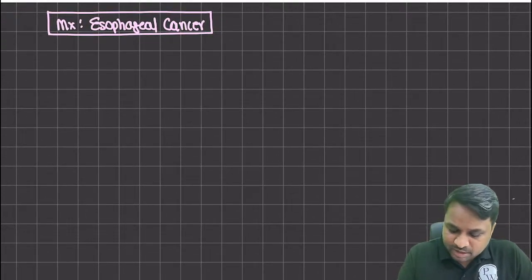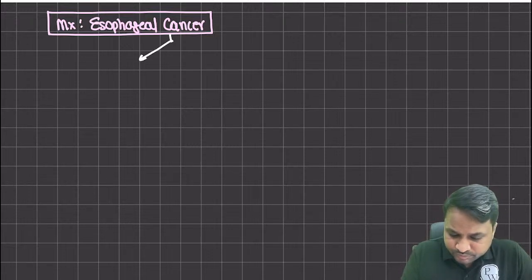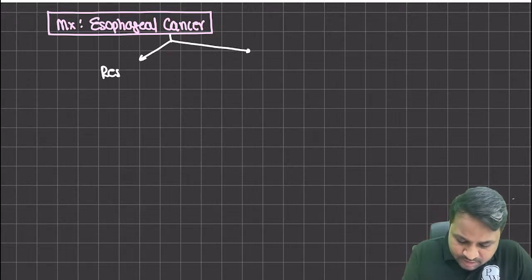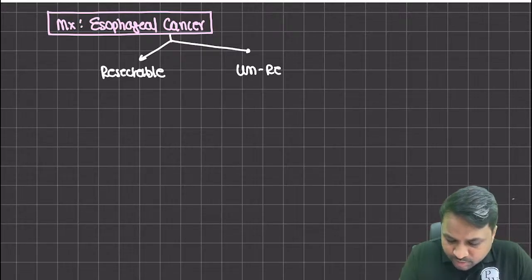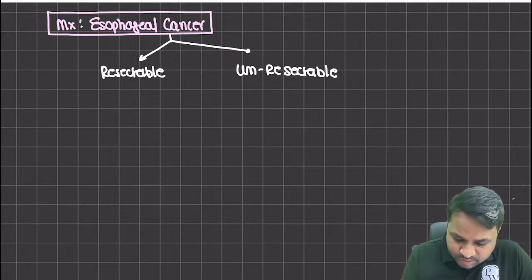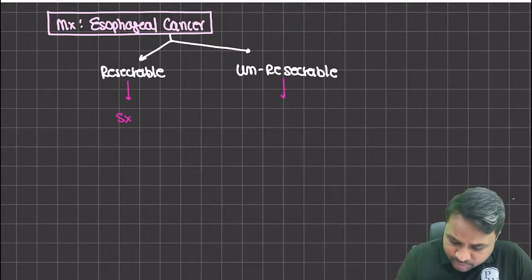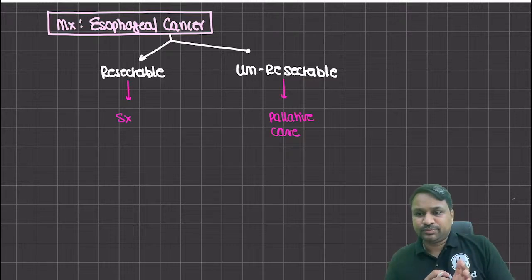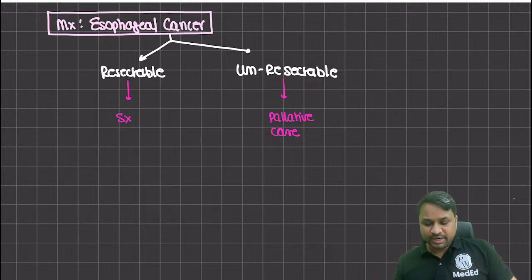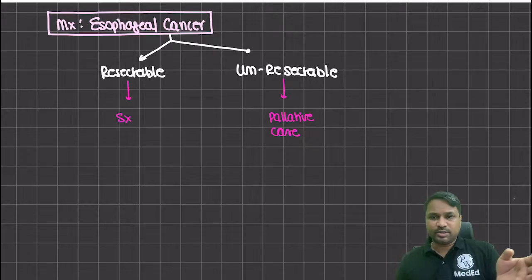We'll see whether it is a resectable tumor or an unresectable tumor. For a resectable tumor, I am going to go ahead and resect it. So in the resectable tumors, the logical option is going to be surgery. In an unresectable tumor, it is going to be your palliative care. So we'll discuss both of them, what is the criteria for resectability and what is unresectable status and all that.